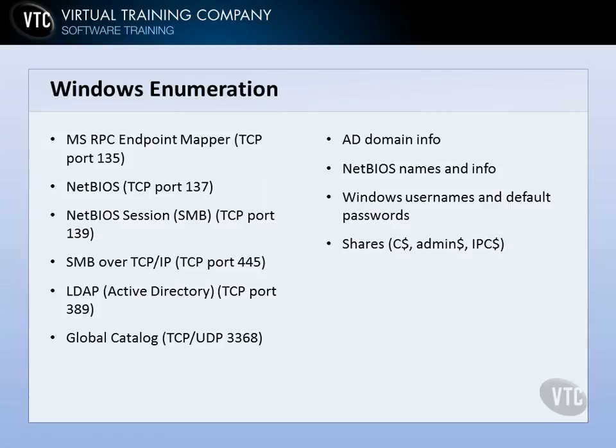You're looking also for shares that are open: C$ share, Admin$, IPC$, and so forth, to see who can access those shares. You might be looking for permissions or privileges to get to those shares or to run certain commands. So we're looking for as much information as we can get on a Windows box to help us figure out attack vectors, to give us a little bit more of a way into a Windows system.